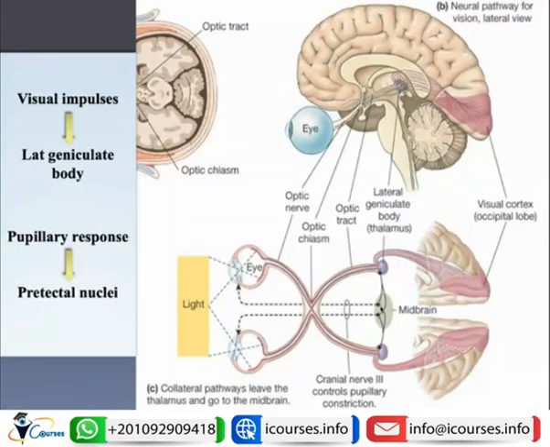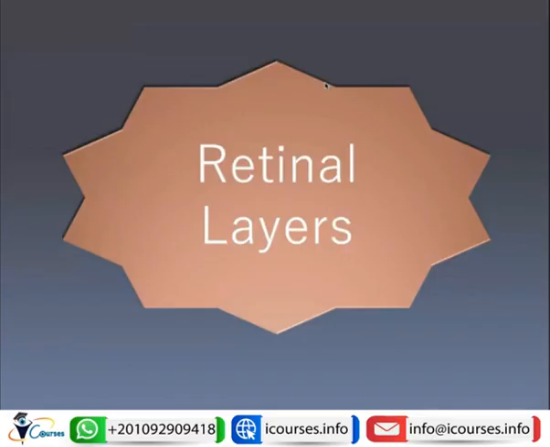We mentioned this in the last lecture in the pupillary light reflex pathway. So just to complete the picture, these fibers are just the continuation of the nerve fiber layer, which are the fibers of the ganglion cell layer. So these are the cells. Is everything clear up till now?